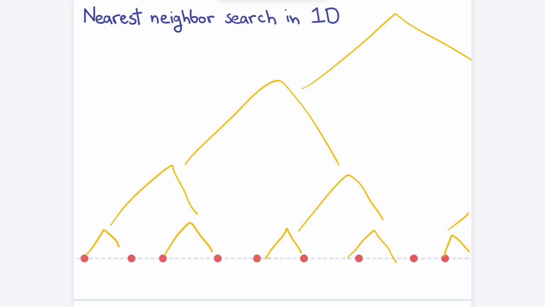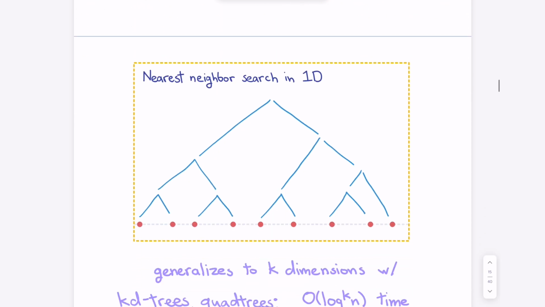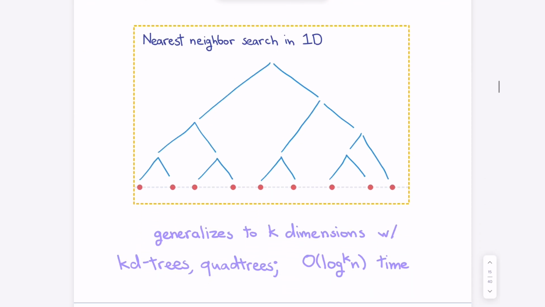No, that would be better for larger k, not log base k. No, it's not 2 to the k log n. Those data structures are going to grow like log to the k of n. It's basically a binary tree multiplied with a binary tree multiplied with a binary tree.